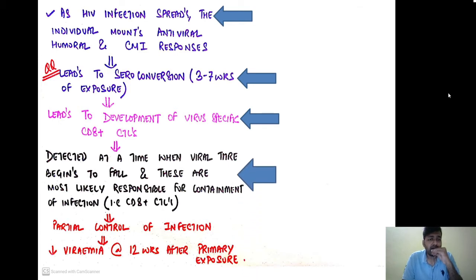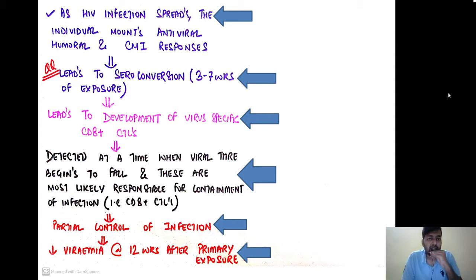Now it is detected at a time when the viral titer begins to fall. So CD8 plus T cells will be detected when the viral levels or the viral RNA will fall, and these are most likely responsible for the early containment of infection. So that will cause the partial control of HIV infection. And the viremia will now come down, will be reduced at 12 weeks after the primary exposure to the virus.